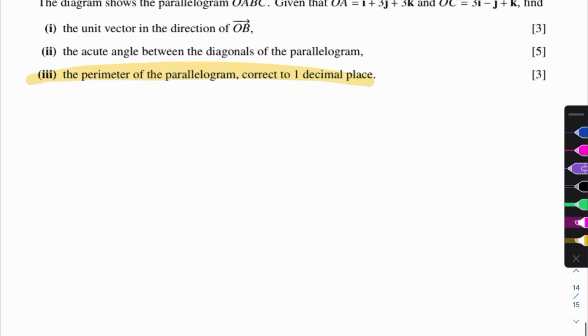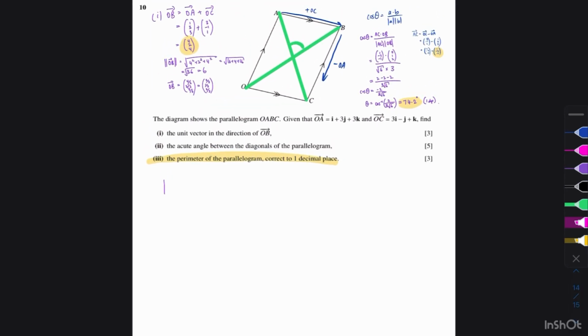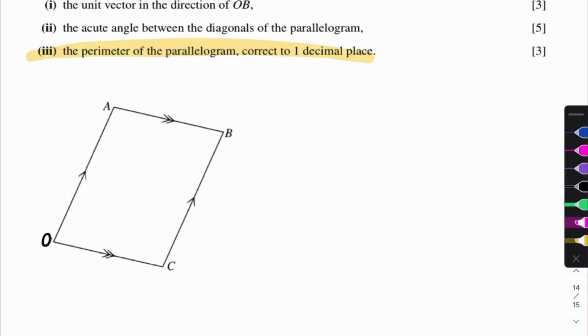You know what, I'm just going to copy this diagram down. Okay, so for part 3, we're going to find the perimeter of the parallelogram, which means we have to find the length of this, and the length of this, and the length of this, and the length of this, and add them all up, which shouldn't be too hard.